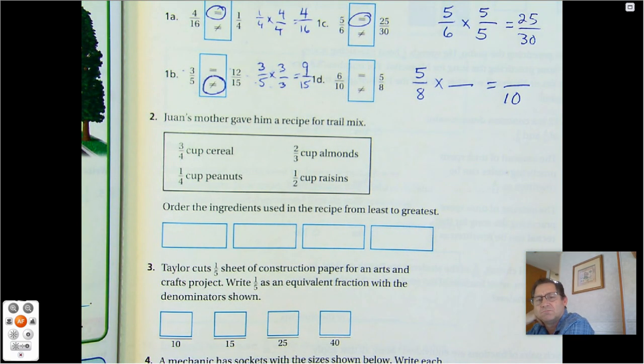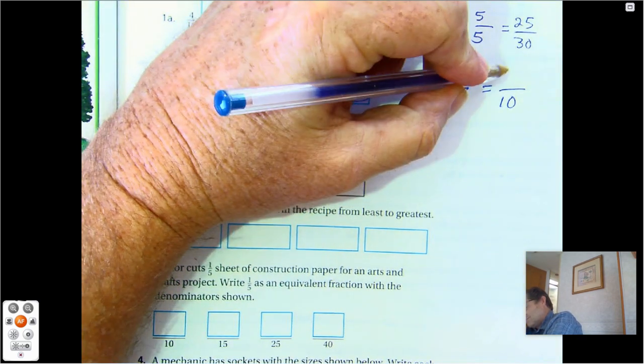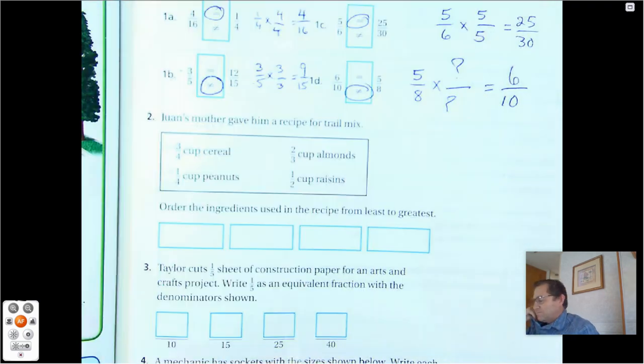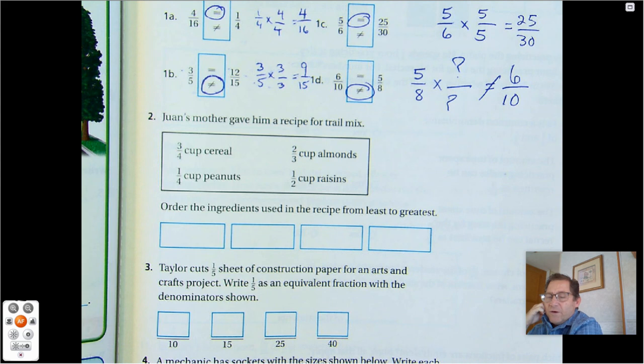No. Can I multiply 5 by anything to get 6? No. So there's no way we can get 6/10.